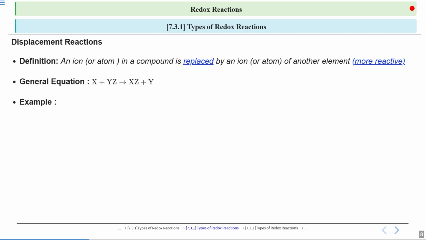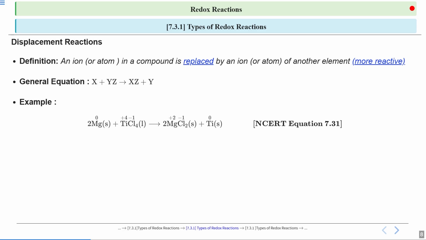Now let's understand this with the help of an example and the theory behind this displacement. Here is an example in which magnesium is reacted with TiCl4 and the compounds formed are MgCl2 plus Ti.